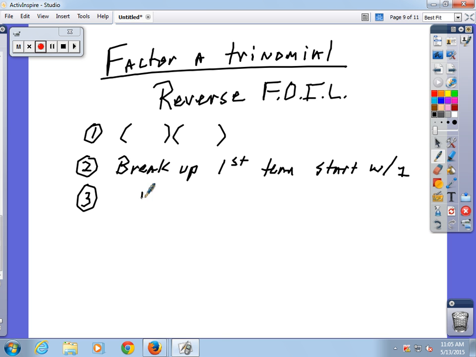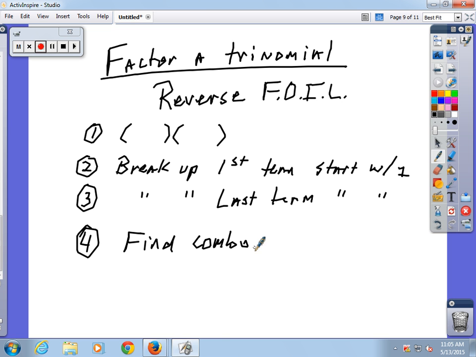Third step, break up last term, starting with 1. 4. Find combo for middle term.